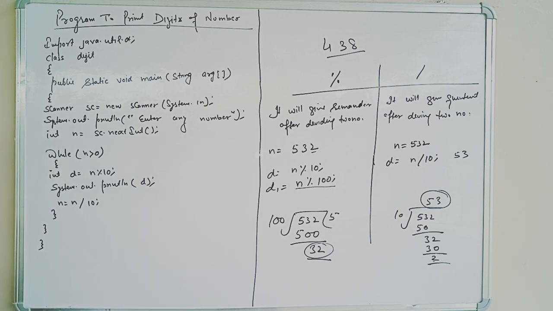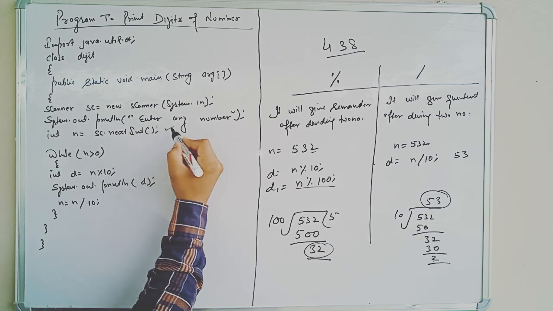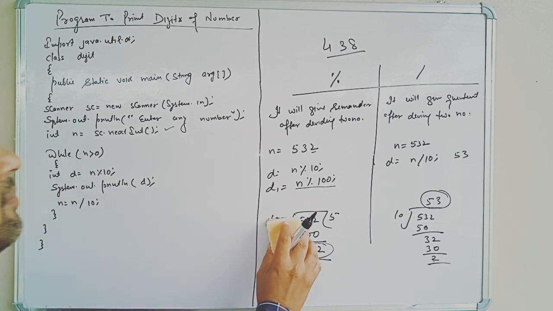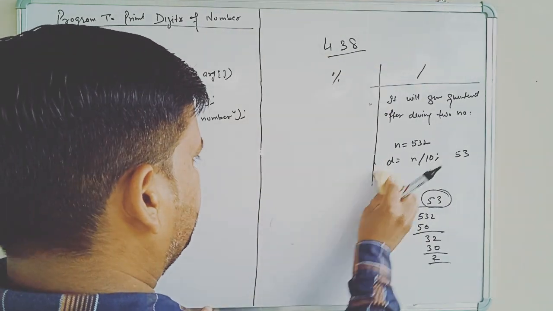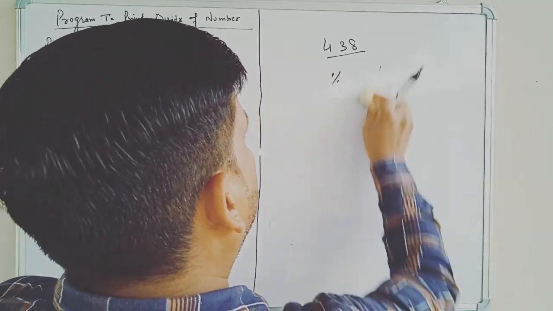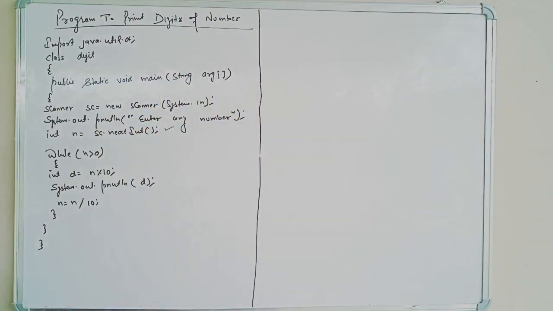Both the operators are very important to understand this program. So you can see now I have accepted a number n. Now in the loop I have written n greater than 0. Now d equal to n modulus 10.